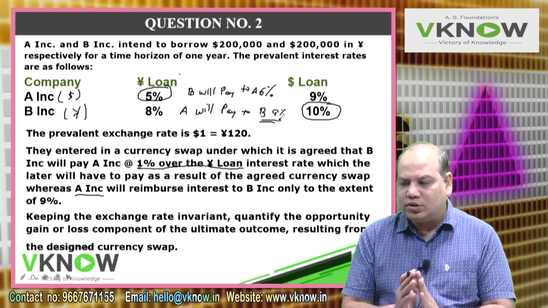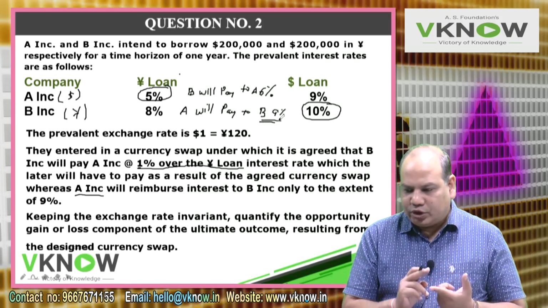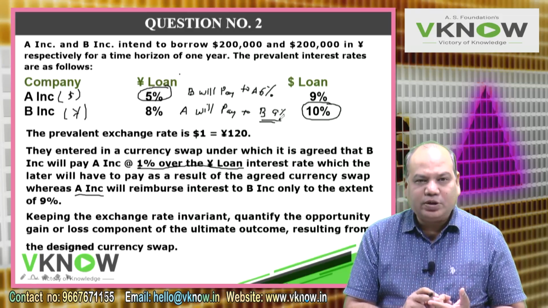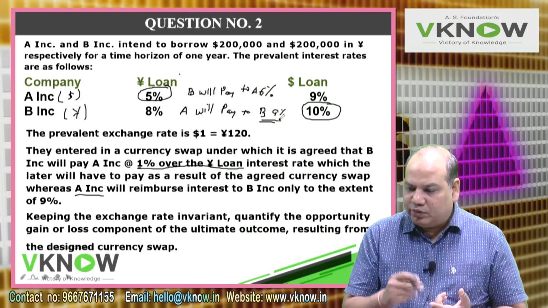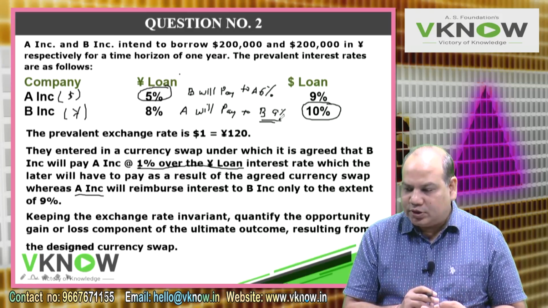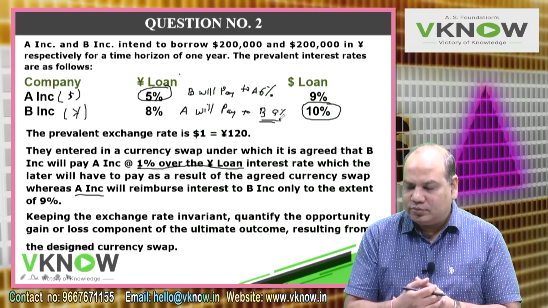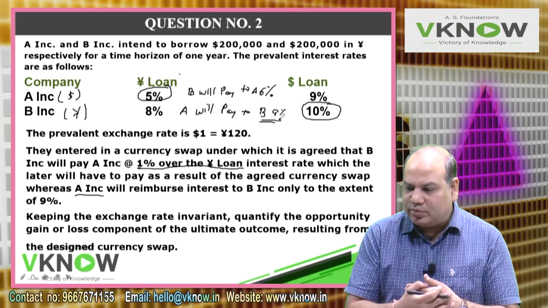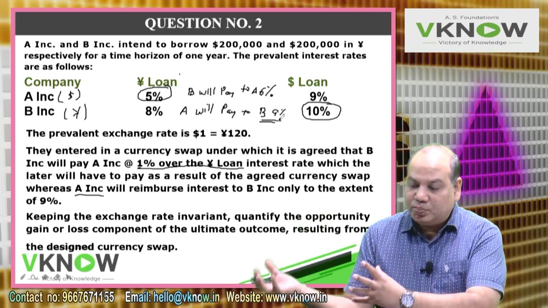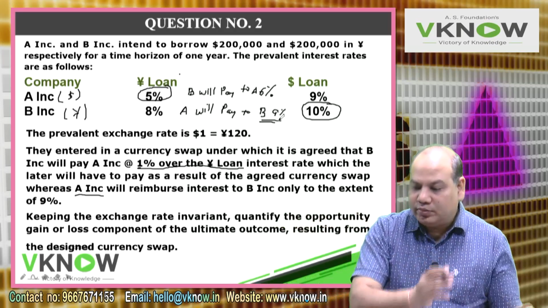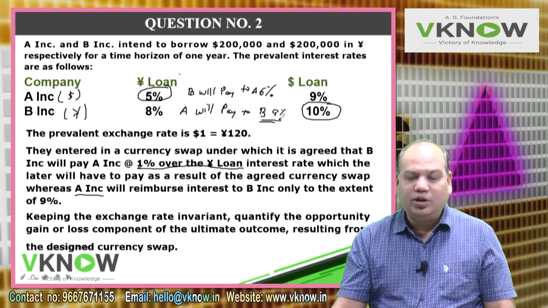So the story in summary form: A will borrow in yen at 5%, B will borrow in dollar at 10%. They will swap their interest and principal liability, under which B will pay to A 6%, A will pay to B 9%.